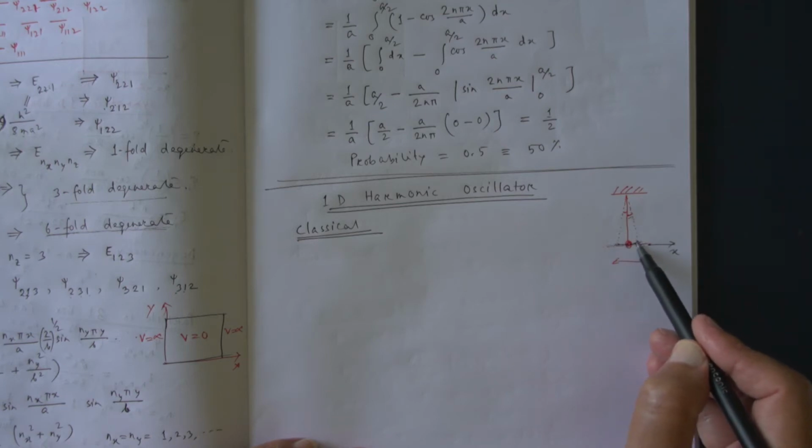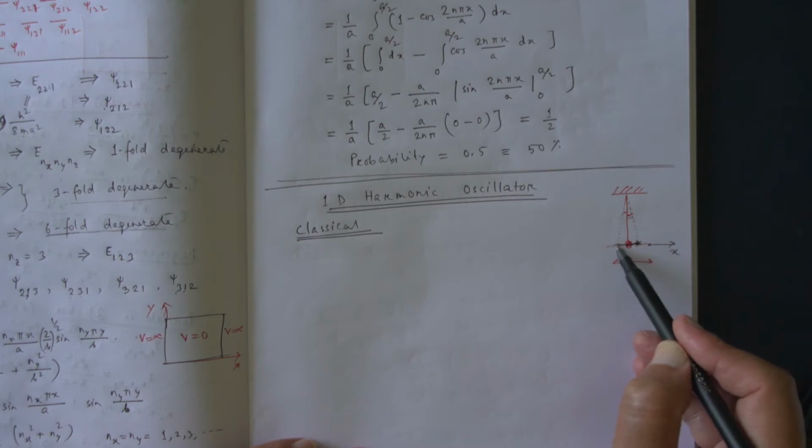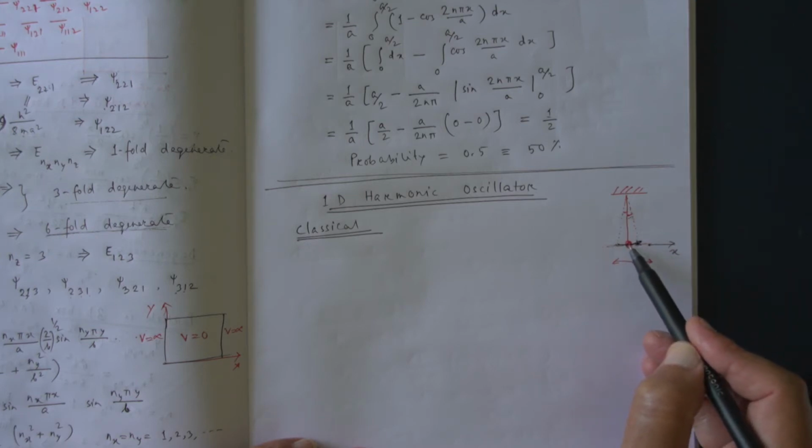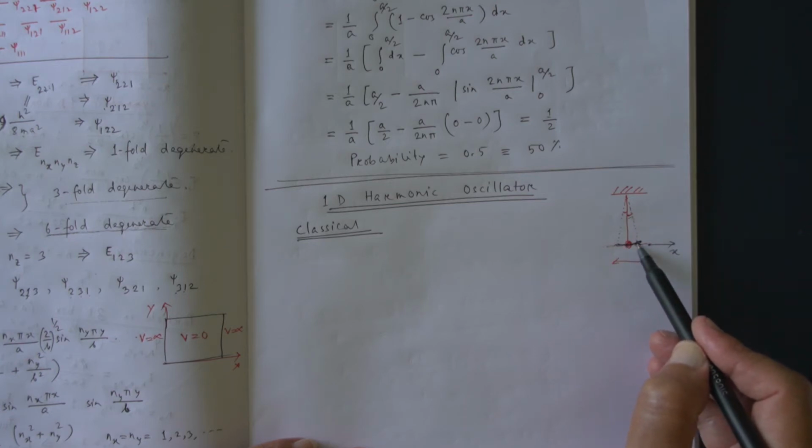Here the pendulum stops, so kinetic energy is 0 and potential energy is maximum. Then it comes back.